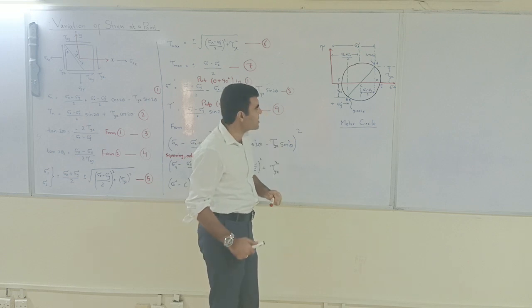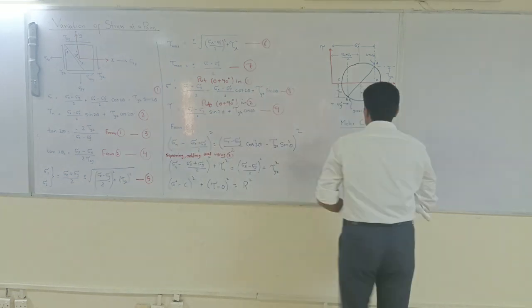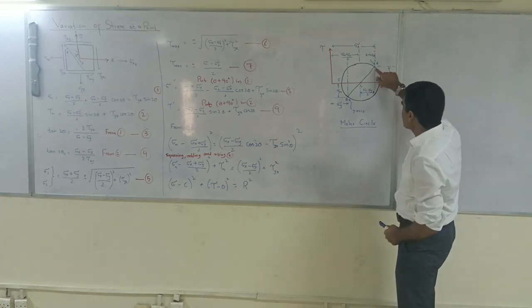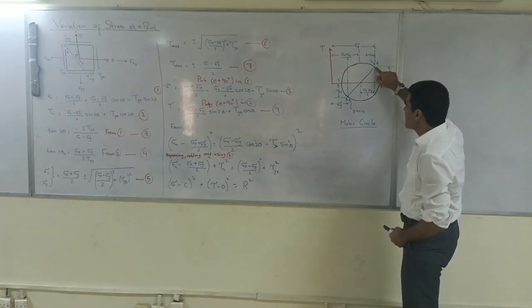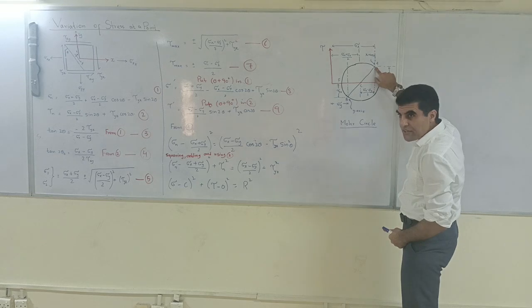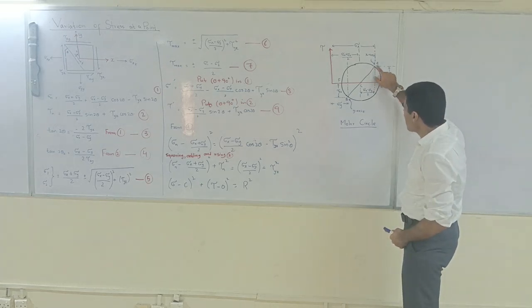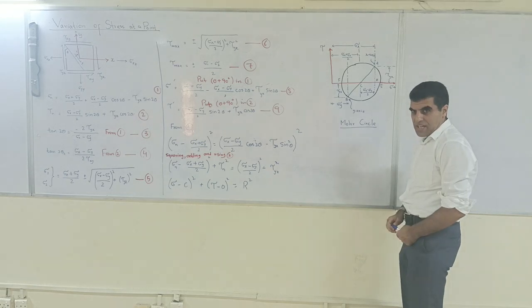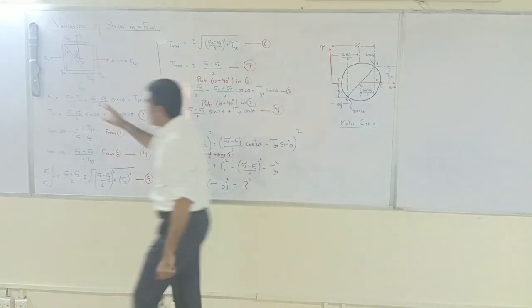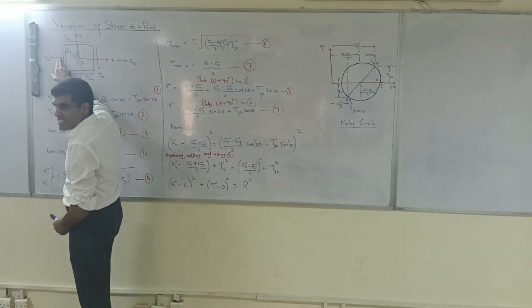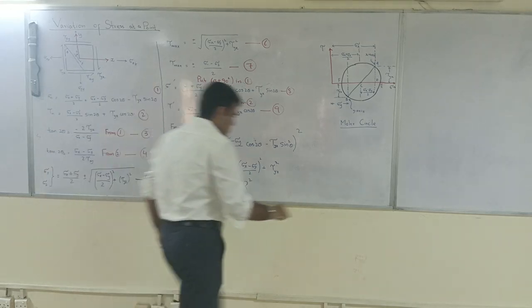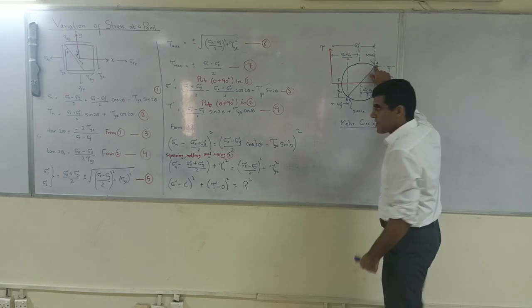Now in this circle, I've got one point, which is A, and that I call the x-axis. So the stress which is over here on the x-axis, I can draw it at this point.